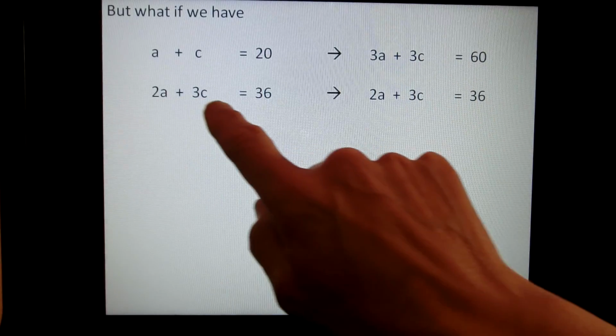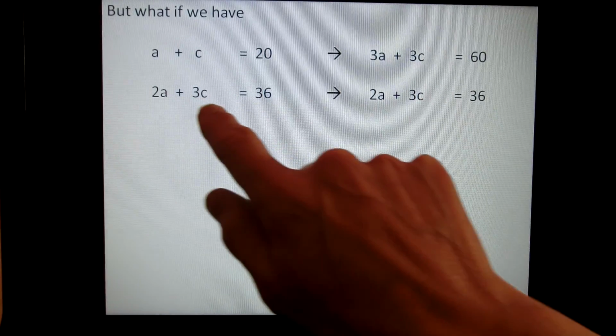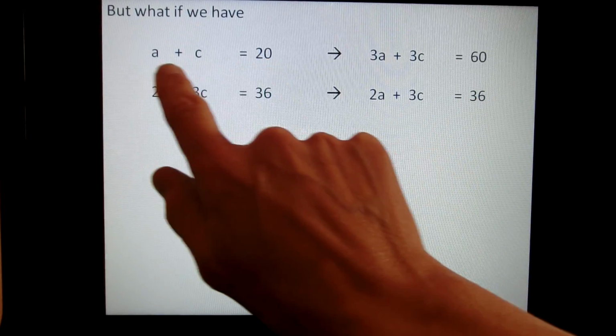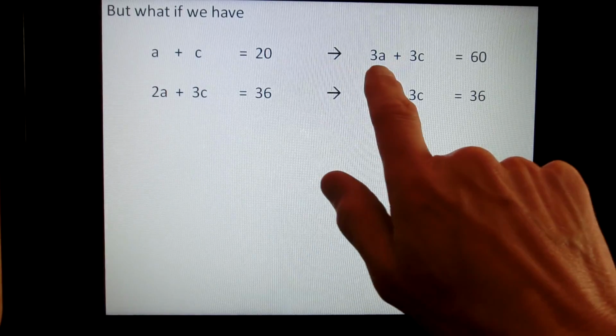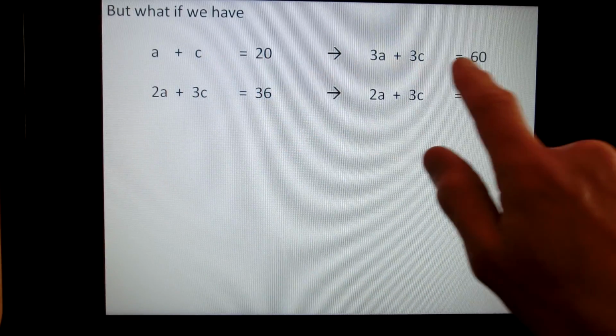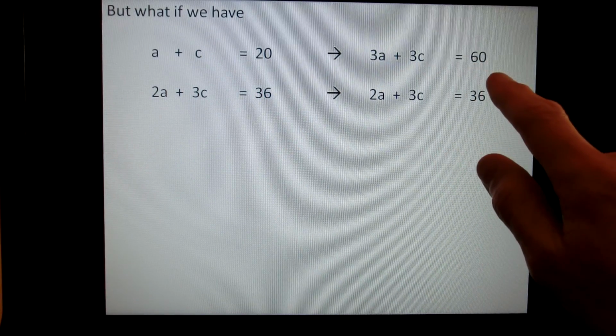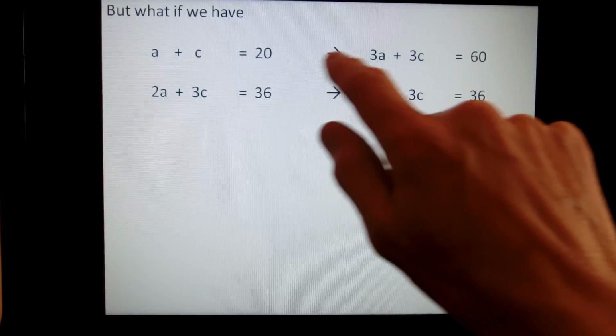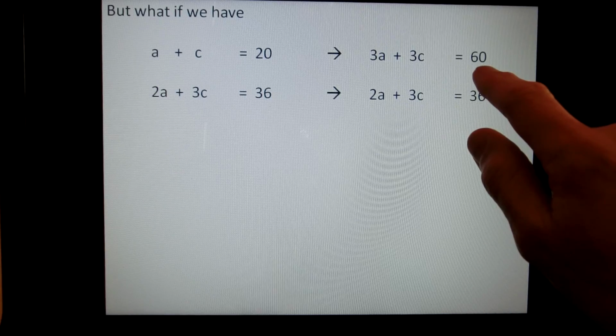I've left this relationship exactly the way it was. That one is totally unchanged. But what I've done here is I've taken this relationship, times that by 3, times that by 3, and times that by 3, which we saw a minute ago is something I'm allowed to do. The relationship looks different going from there to there, but it is the same relationship.